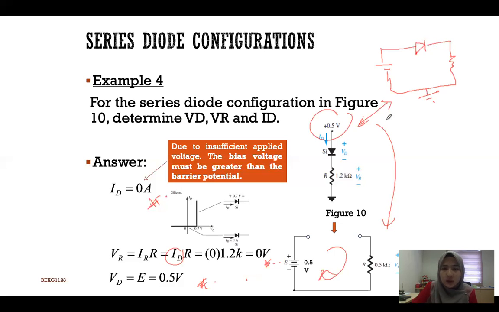Okay, so this one actually, if the diode is like this, it is forward bias.